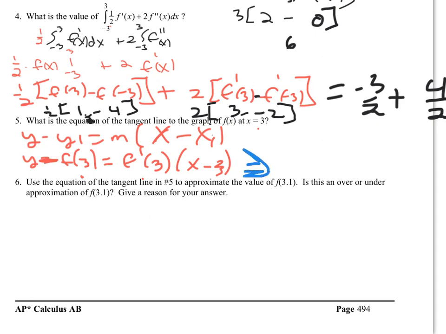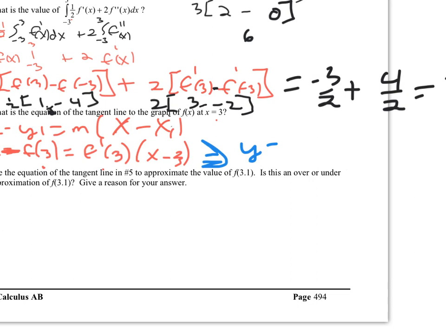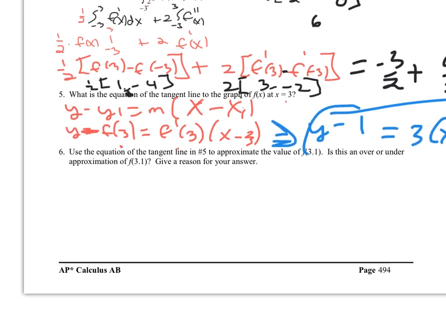Y minus, what is f of 3? 4. Y minus 4. What is f prime of 3? 3. Times x minus 3. Is there anything else to do, or is that the equation? That's the equation. There's nothing else to do.